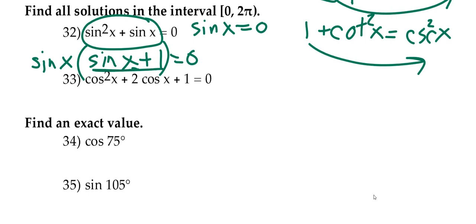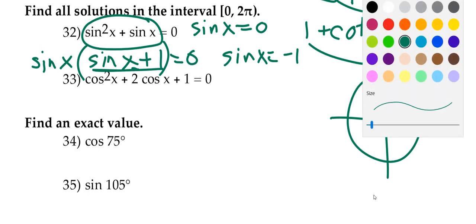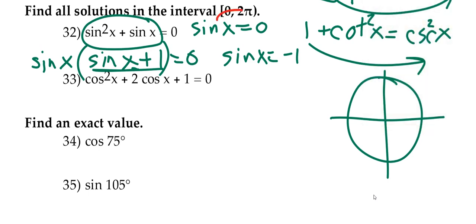Well, yeah, we'll get to the unit circle part in a second. But sine x equals 0, and sine x equals negative 1. Okay. So we're looking at the unit circle and trying to come up with all of them. Now, are these x values, y values, or slopes? Ooh, they're y values. That's a y value there. All right. Okay, so y value is 0.